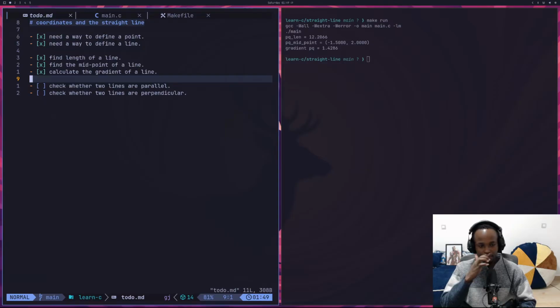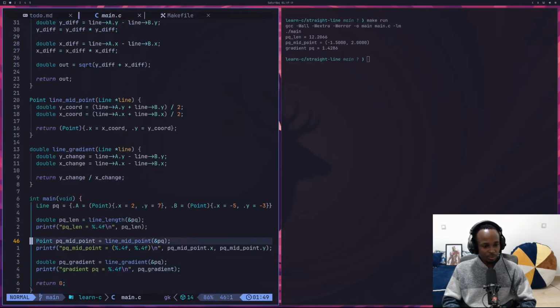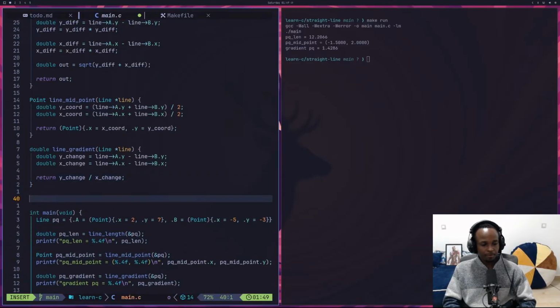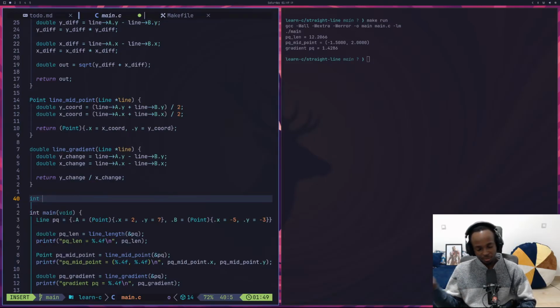Now the next thing, let's take a look at checking whether two lines are parallel. So when given line A and line B, or I mean line PQ and line MN, can you tell whether those two lines are parallel? So it's going to return an int, this new function we're defining, and we can just have, let me think, is parallel.